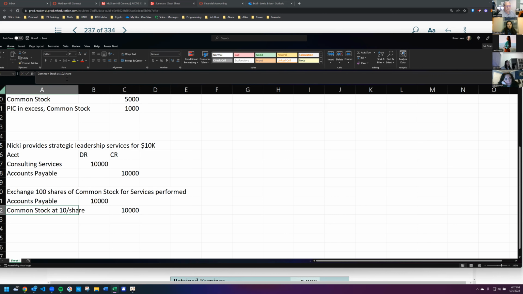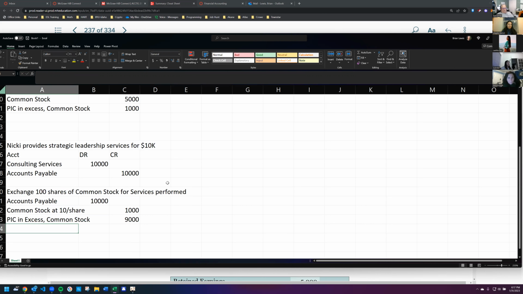Well, it's $10 a share, so this is going to be $10 times 100. So 1,000 goes to that account, and then paid-in capital in excess of common stock would be the difference, 9,000. Exactly. So that's how that transaction ends up showing up.